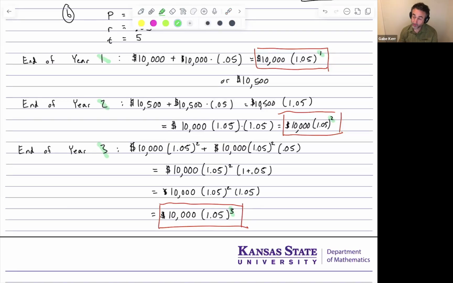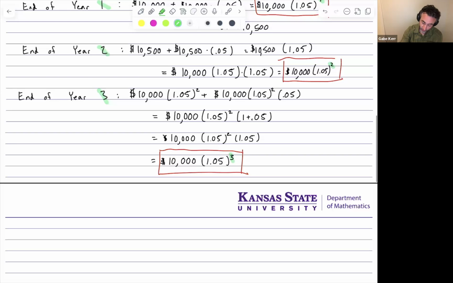And that might lead us correctly, I'll say, to assume what we would get at the end of year 5 or the end of year 10 if we had to.